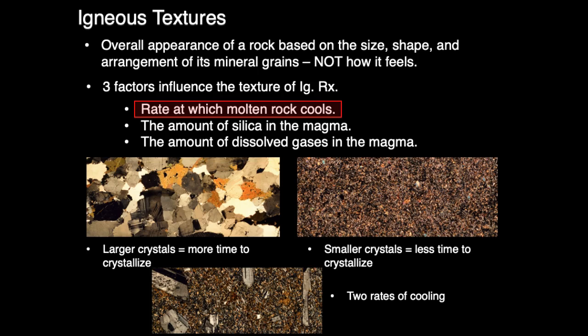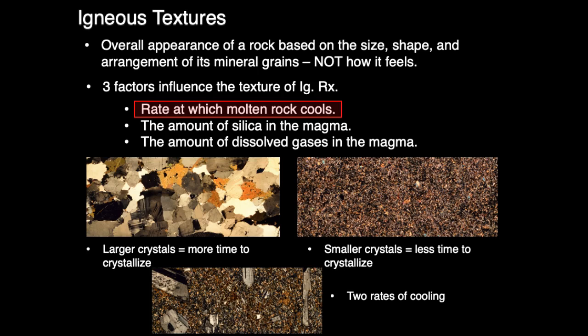So that makes the remaining magma that is still liquid cool and crystallize very rapidly. So in this type of scenario, we have two rates of cooling, one that was slow and then the other one that was fast. So we have a mix of large crystals, typically surrounded by a mass of tiny interground crystals, like you're seeing here on the bottom.